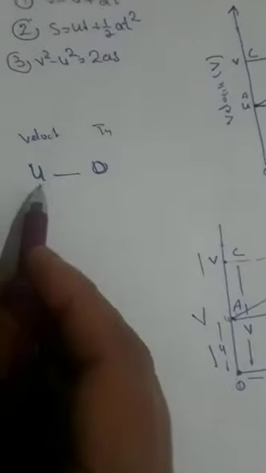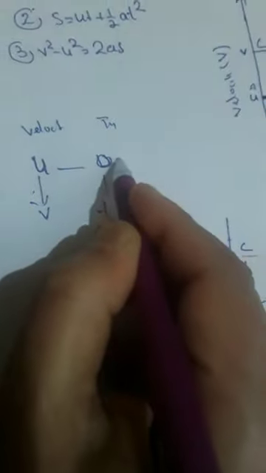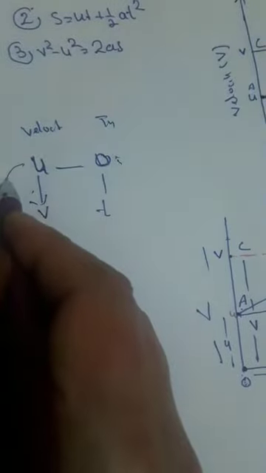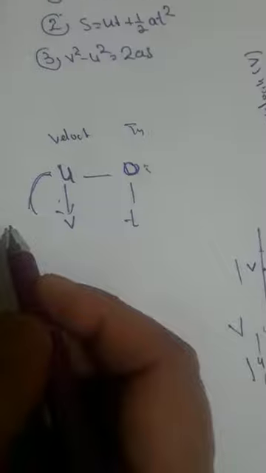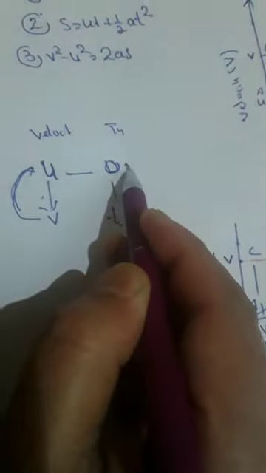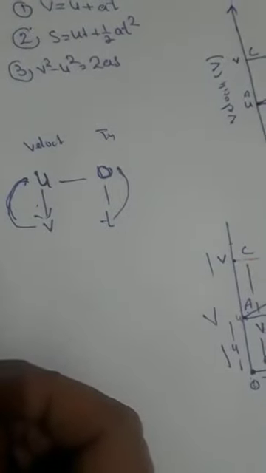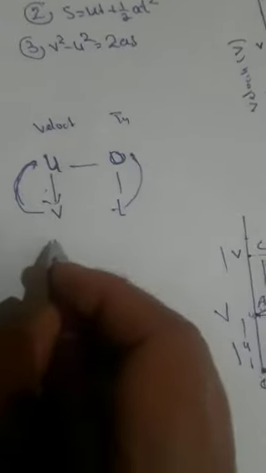Finally the velocity of the body changes from u to v during time 0 to t. During this time it covers a distance. Suppose the distance covered by the body during this time interval is s.